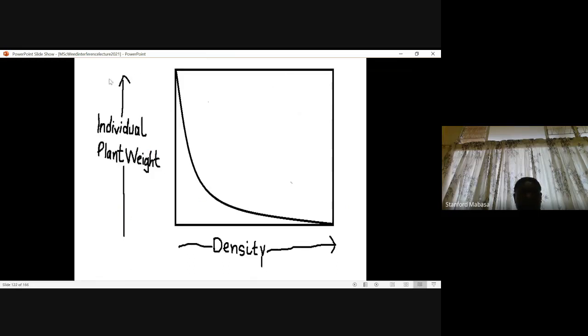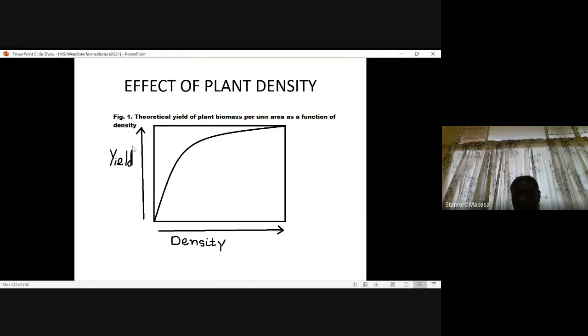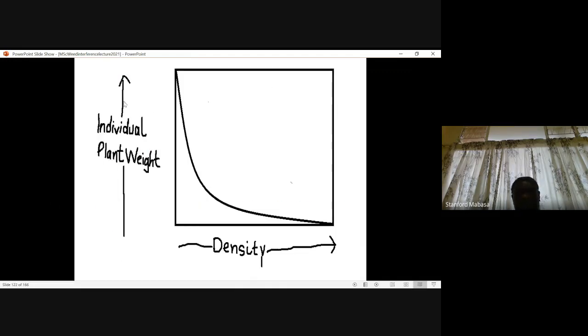We said if we plot an individual plant weight, this is all the plants included, we get this sort of a shape. But if we take one single plant, we get this shape. Maybe let me explain why. A plant growing on its own has no competitors, so we expect it to produce a lot of biomass.